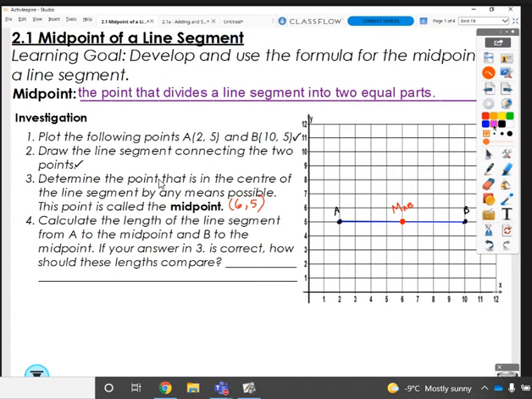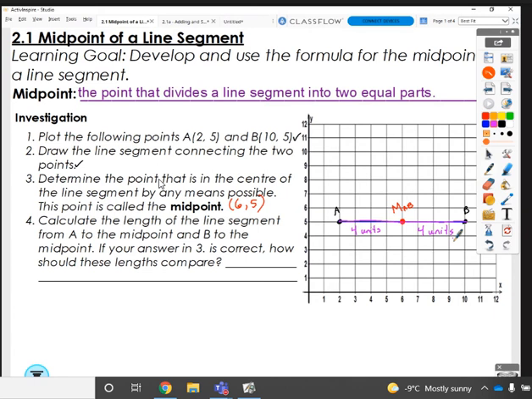And I said, well, what do you mean by that? And he said the distance from A to the midpoint looks like about 1, 2, 3, 4 units, right? And then the distance from B to the midpoint, 1, 2, 3, 4, that's another 4 units. So because they have equal distances, we can say that point is right in the middle.